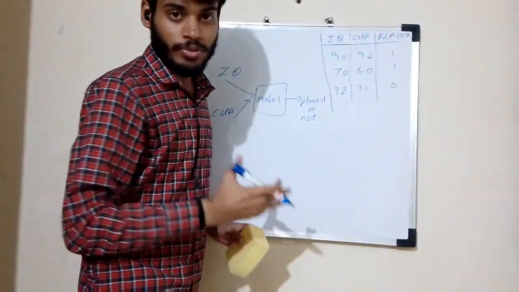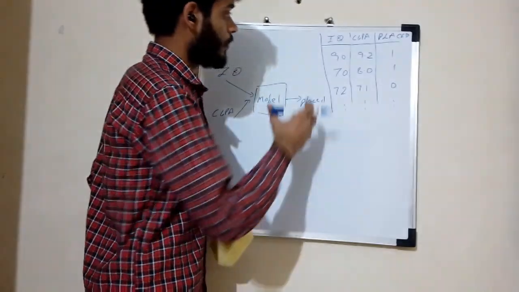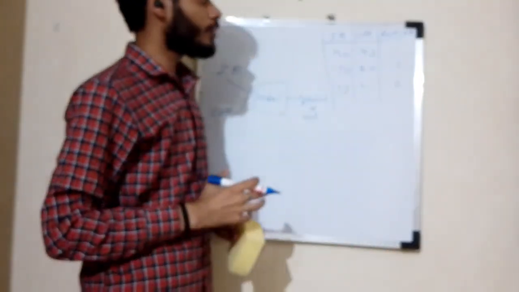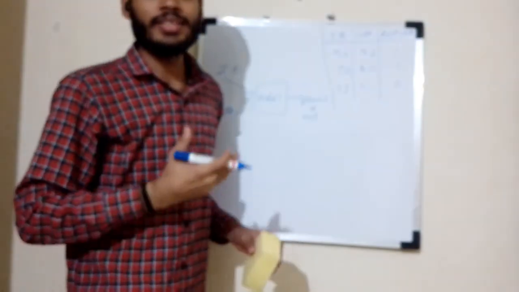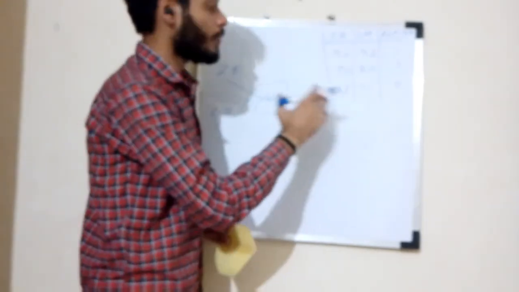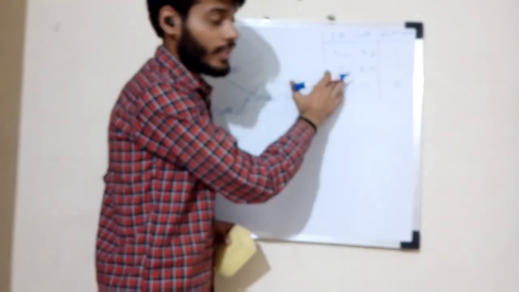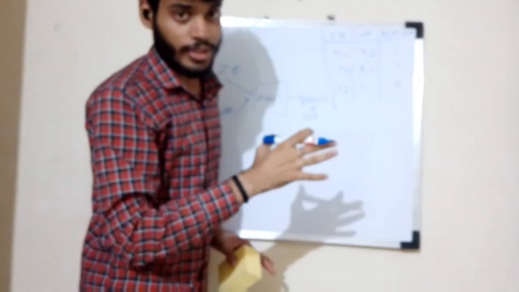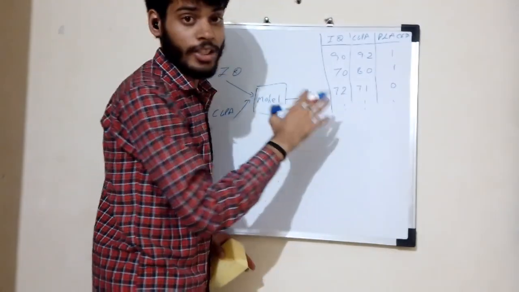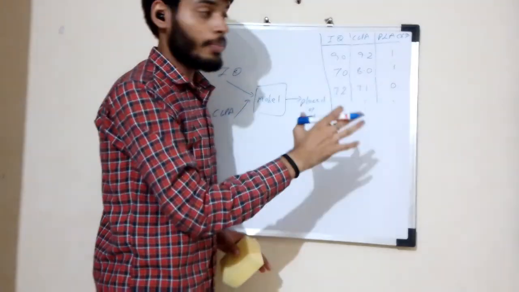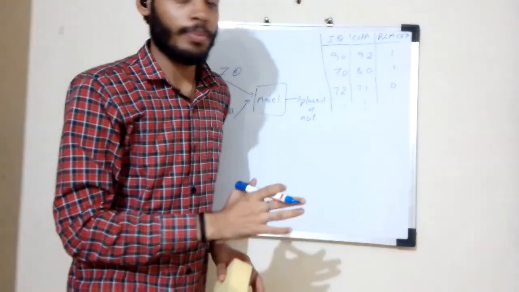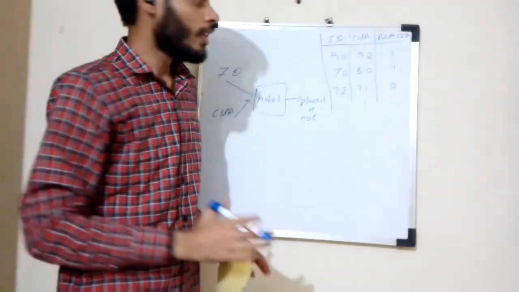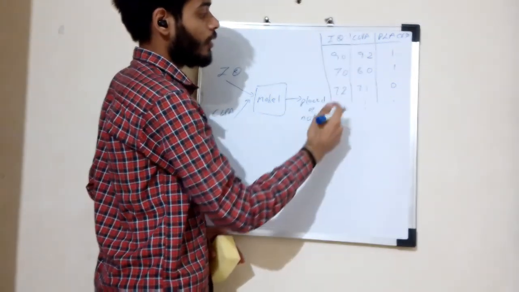If the IQ of a student is 90 and the CGPA is 9.2, then the student is placed. If the IQ is 70 and the CGPA is 8.0, then also the student is placed. And if the IQ is 72 and the CGPA is 7.1, then the student is not placed, because we are getting 0. Okay, so we have this data set.